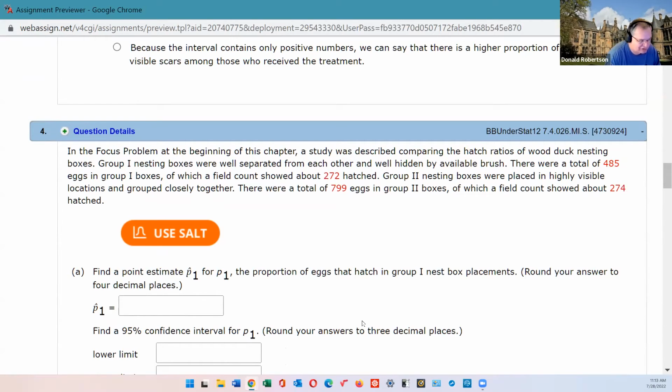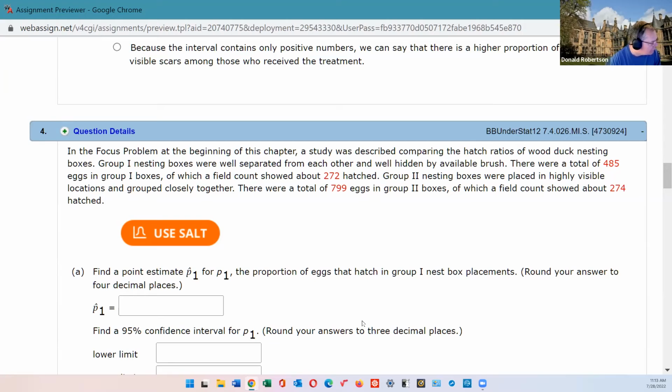So you're trying to get the ducks to lay lots of eggs, I guess. Now, if you did it using boxes hidden, all that good stuff, there was a total of 485 eggs in box 1 and 272 hatched. So there's the number that I really need. 272 successes out of 485 of those boxes.